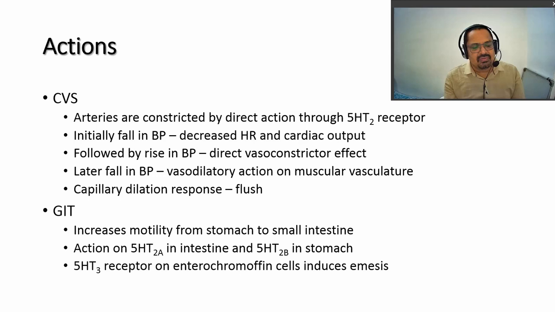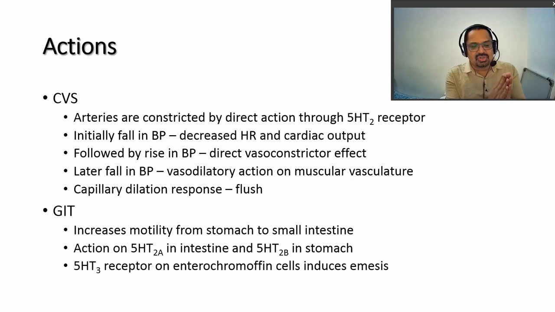Capillary venodilation is also there, which is also known as a flushing response. Now, the action of serotonin as far as the GIT is concerned: it increases motility from the stomach to the small intestine. This action is mediated through the 5-HT2A receptor in the intestine and the 5-HT2B receptor in the stomach.